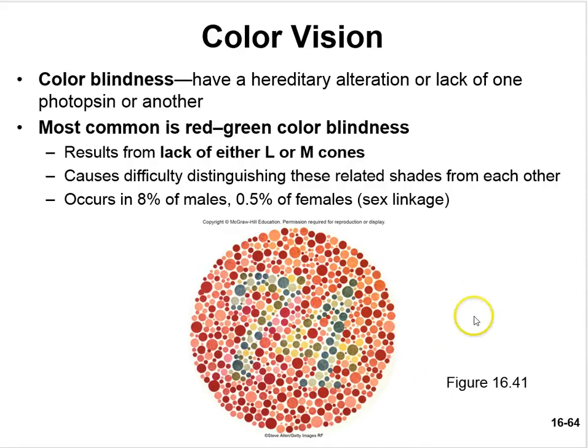If you're looking and you have good color vision, you should be seeing the number 74 in that circle. So these people might lack an L or an M cone, because those proteins are not made with that recessive disorder. It's a DNA gene mutation.